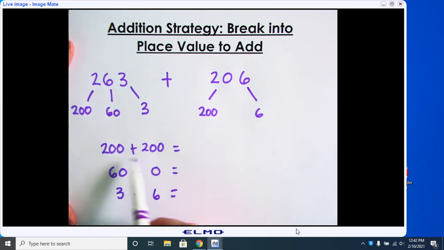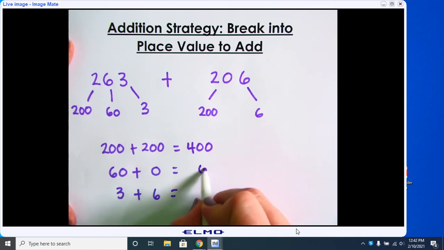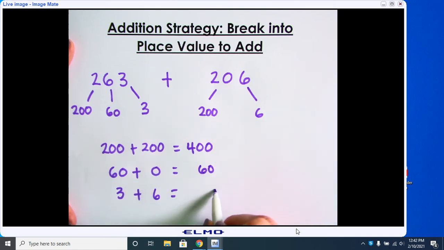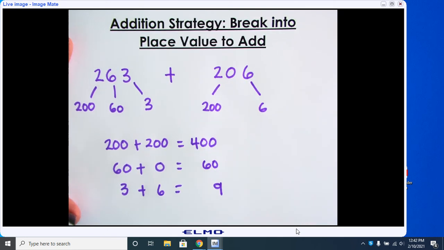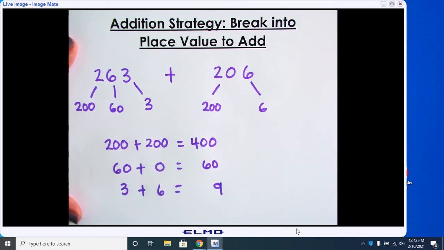Now I'm going to add the hundreds together, the tens together, and the ones together. So 200 plus 200 is 400, 60 plus 0 is 60, 3 plus 6 is 9. And then I add those three numbers together, like expanded form. So 469.